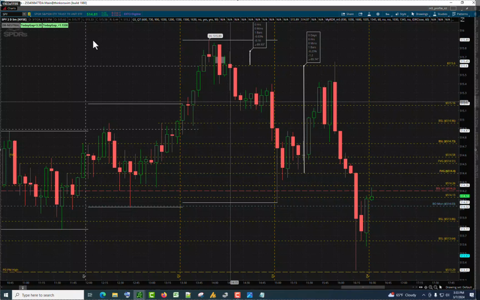So basically we have a fourth breakout, and in this case it's also an order block, a favorite retest. It's a retest right there.